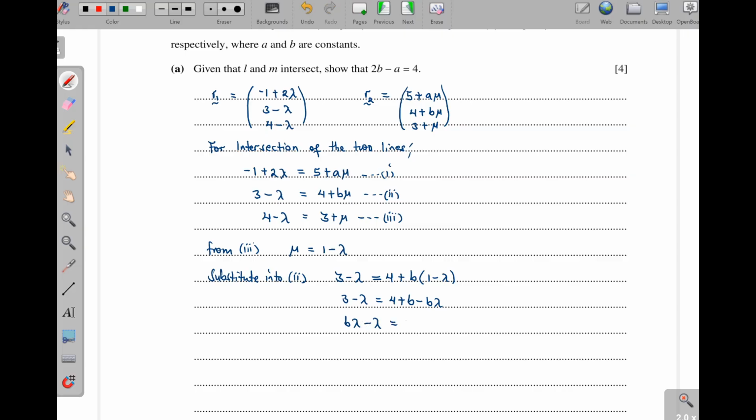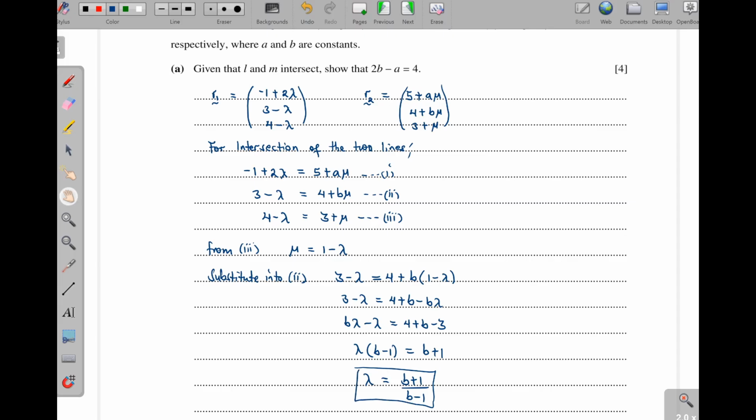Then we have 4 plus b minus 3. So lambda here is common, so we shall have b minus 1. Then here we shall have b. 4 minus 3 is a 1, so we shall have b plus 1. So meaning lambda shall be equal to b plus 1 over b minus 1. You see that?